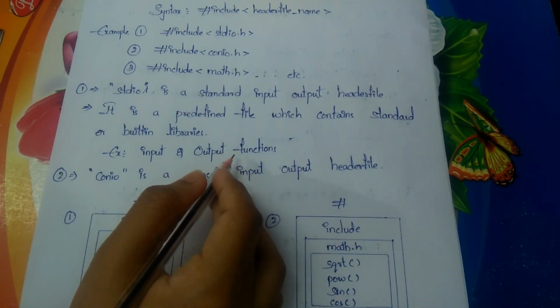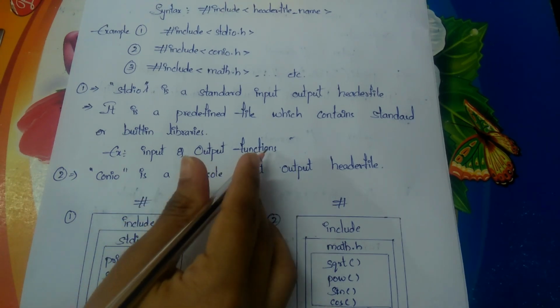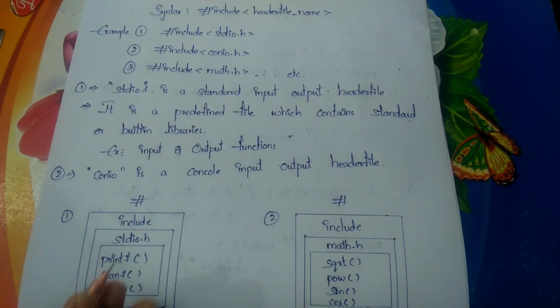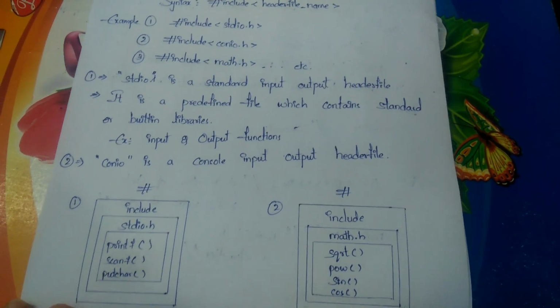All the input and output functions like printf, scanf, putchar, getchar, puts, gets are predefined in the stdio.h header file.